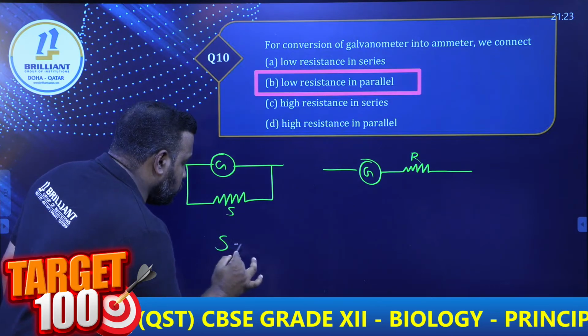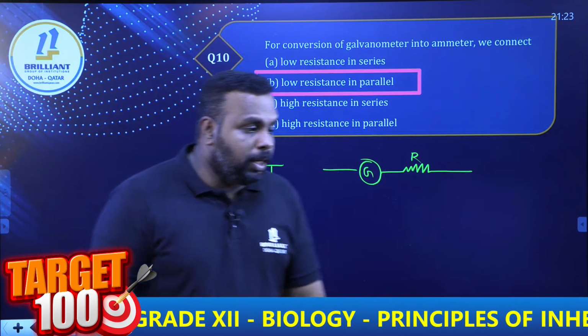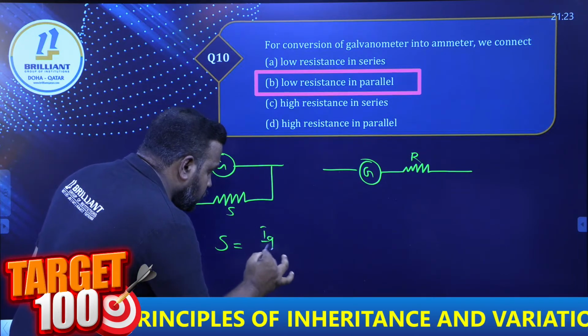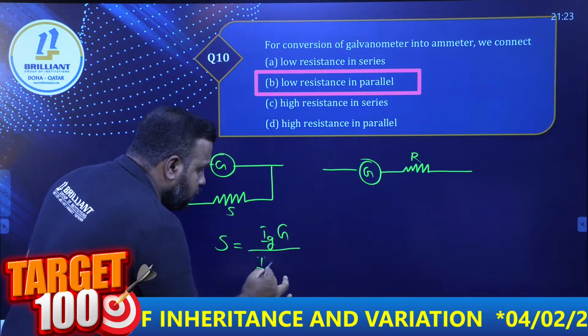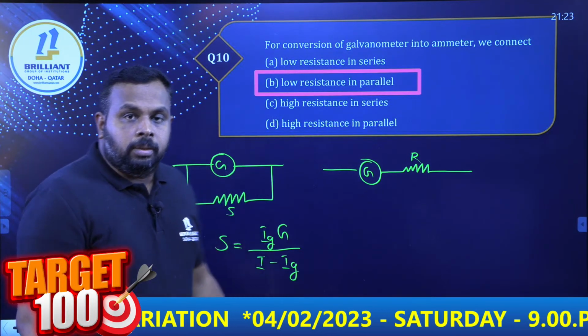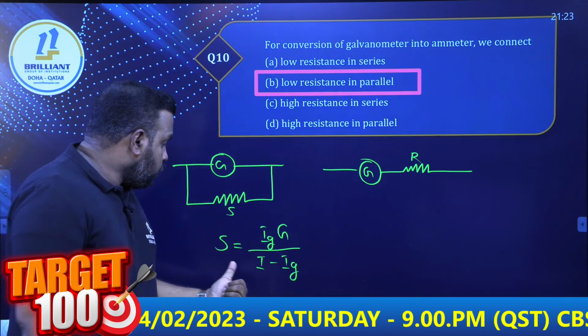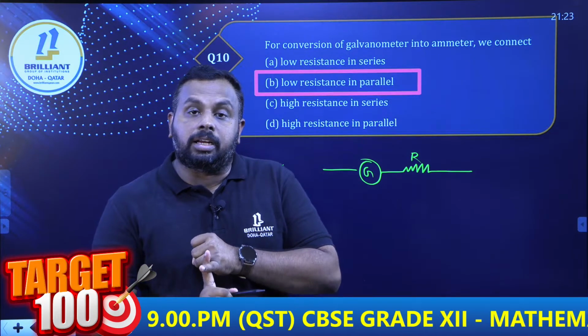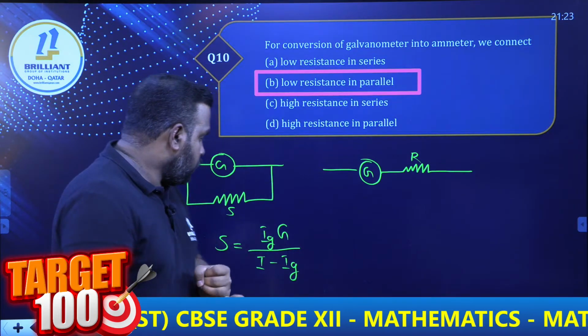So my dear students, please study the values and formulas for this topic. What was the S equation? Do you remember? Shunt resistance formula. Shunt resistance equation is S equals Ig into G by I minus Ig. This is the equation for calculating S value, shunt resistance. Ig is the range of the given galvanometer.